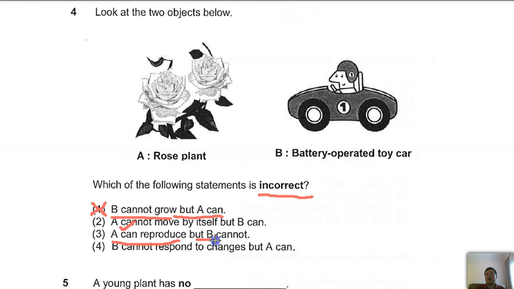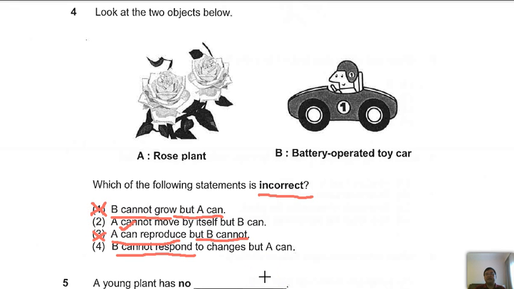B cannot, incorrect. So this is not the choice. B cannot respond. This is incorrect. A can also incorrect. So let me see, I'm stuck with this. Which is incorrect and incorrect. Let me read one more time.